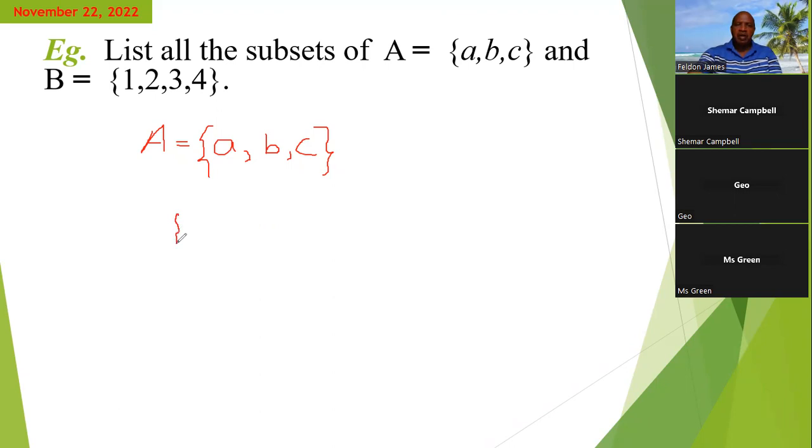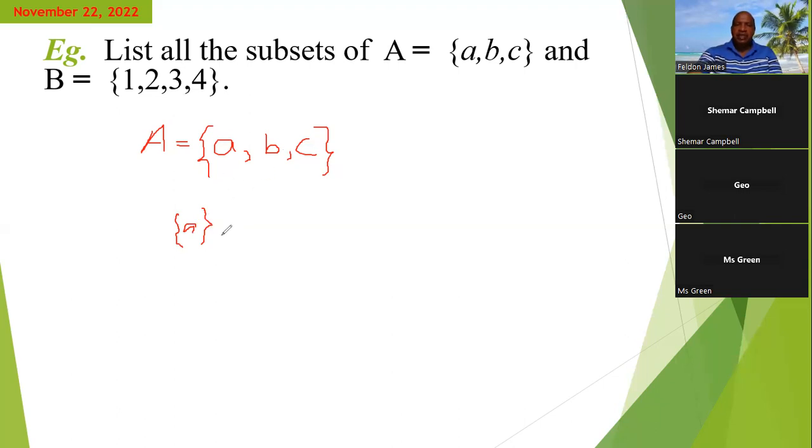So you could call {A} a subset. So {A} would be a subset of this set because you can take out this member by itself and consider that member to be in a set.